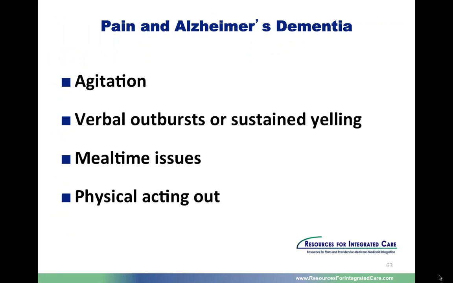So in this case, where the person has moderate or severe dementia, what we're looking for, again, is change in the frequency, rates, intensity, duration of all of these symptoms.